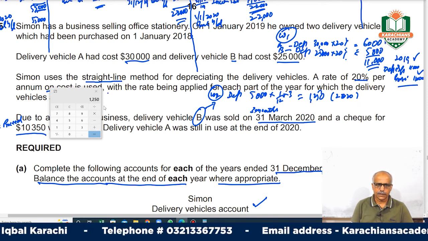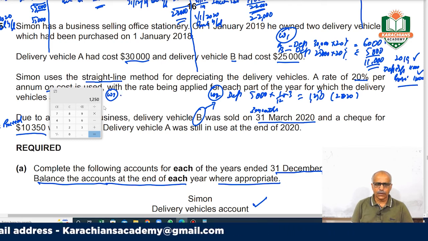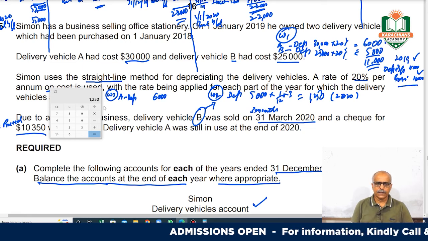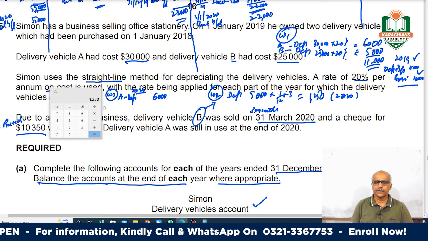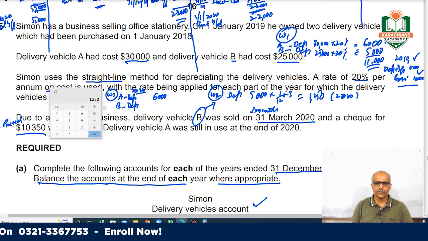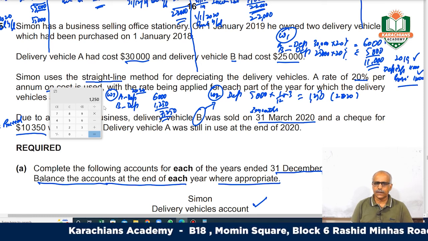In 2020, vehicle A depreciation will be a complete year, full year depreciation, which is 6,000, right? 2020 A depreciation 6,000, and B you will charge a depreciation of 3 months, which is 1,250. So your depreciation for the year 2020 would be 7,250, right?